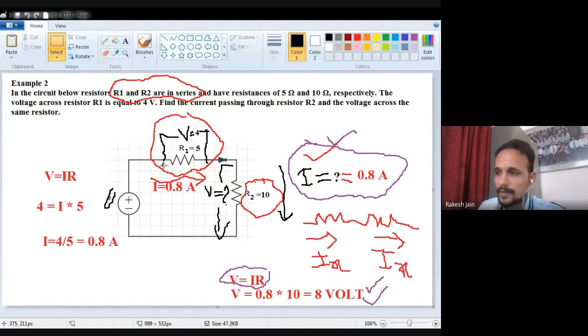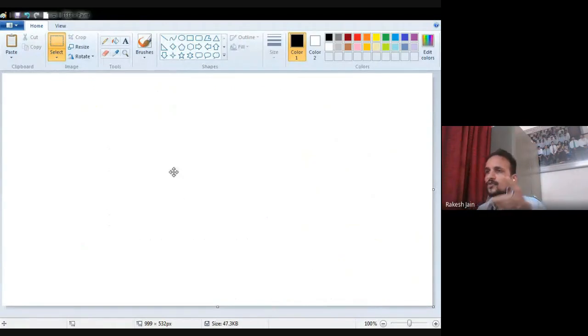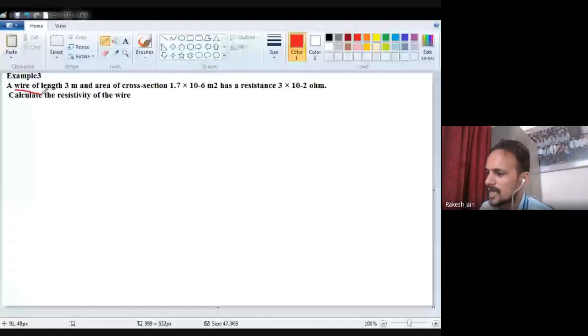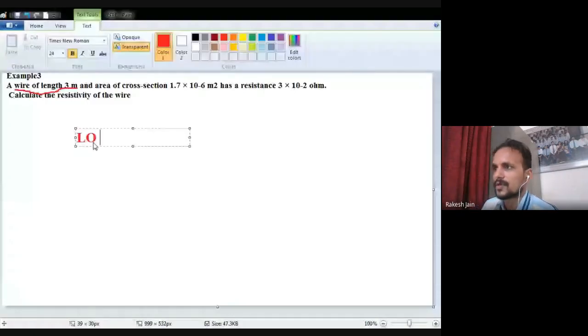Okay, now see, I'm talking about the new numerical. This is my new numerical, on resistivity. With this red color, I am showing you the parameters in this question. A wire of length 3 meter is given. Length is given, it means L is given as 3 meter.